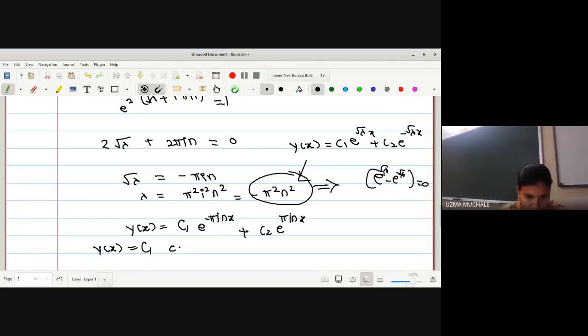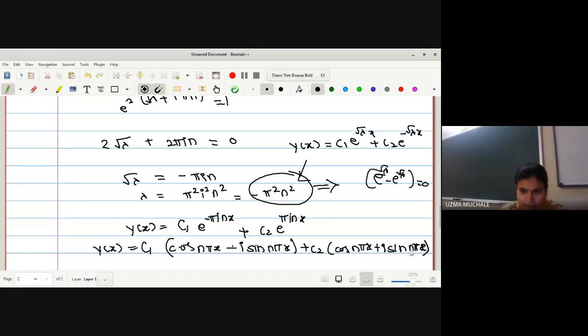So hence we can write it as cos of n pi x, plus, sorry, as it is with negative it will be minus i sin n pi x, plus c2 times cos of n pi x plus i sin n pi x.